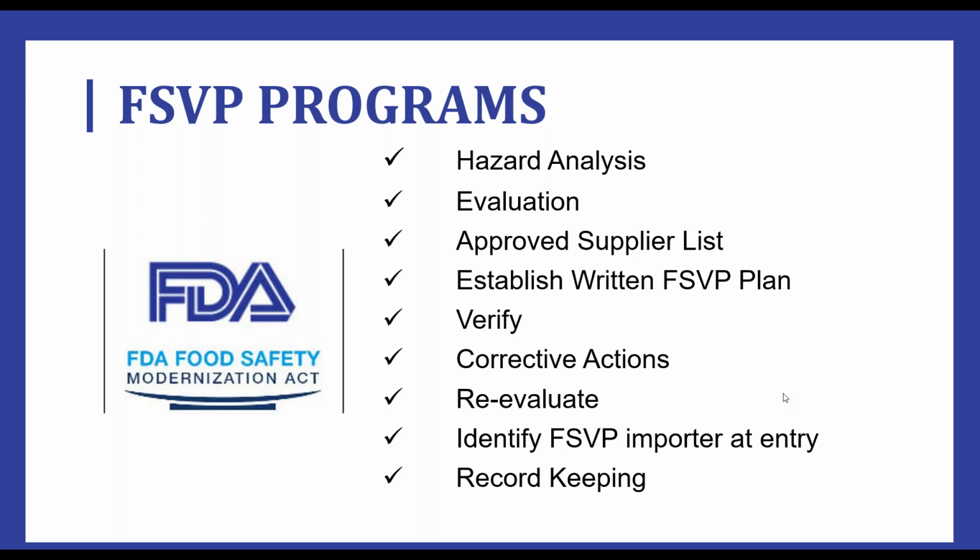So the verification process is kind of reviewing the first two bullets on this slide. So you're looking at the hazards associated with the product that you're importing, and then you're evaluating the supplier programs, and that could be in various forms.